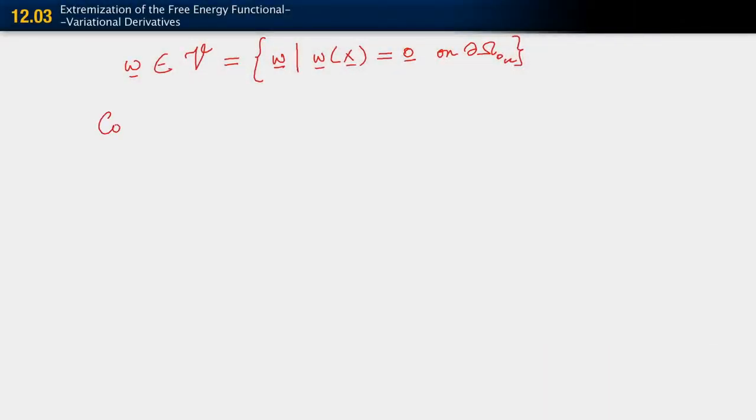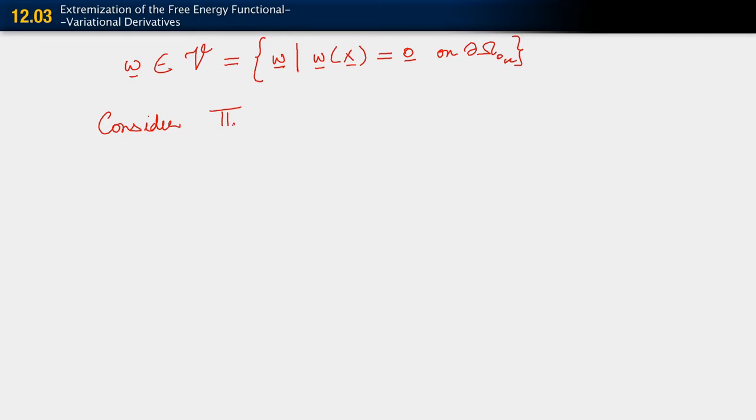So what we want to do is the following. We are still trying to define what it means to take derivatives of pi. I am going to consider the following form of the functional.